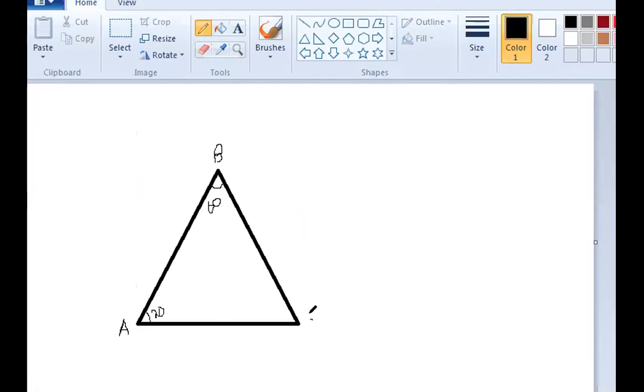Then we have the third angle, angle C, and its value is unknown. So we have to sketch this triangle ABC and fulfill the second requirement of this question. Now move backward from our slides.